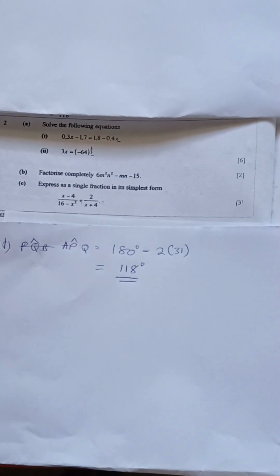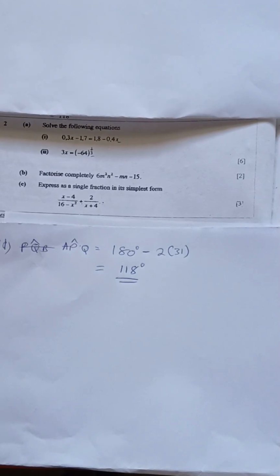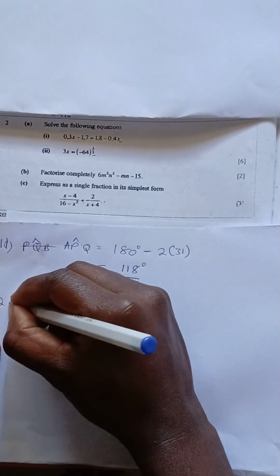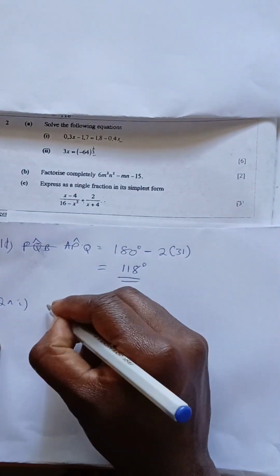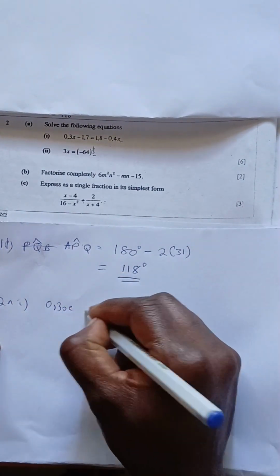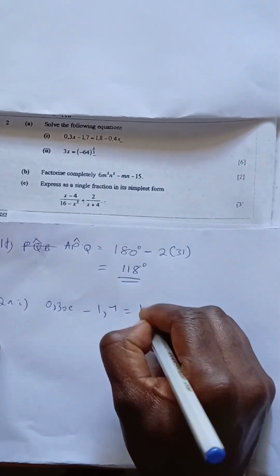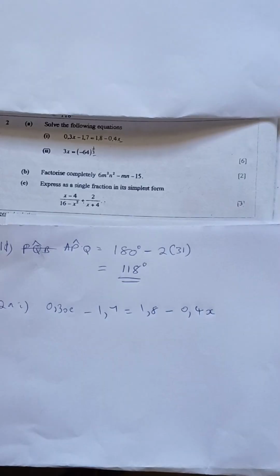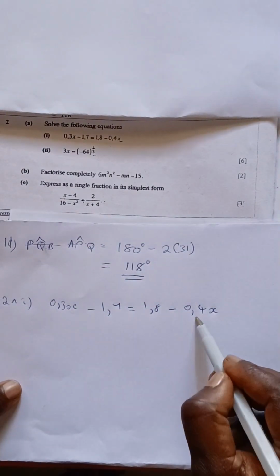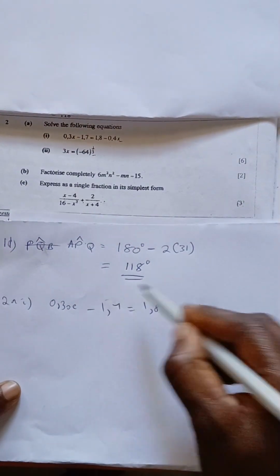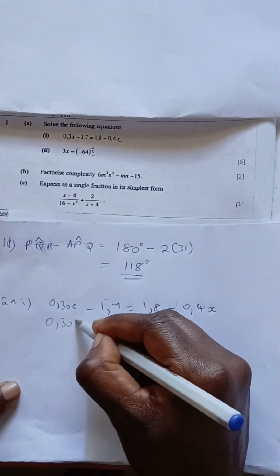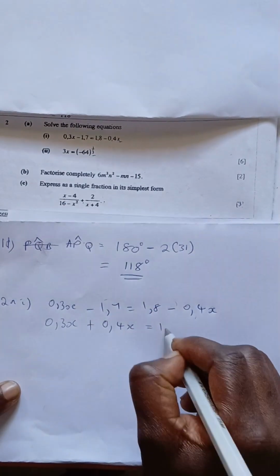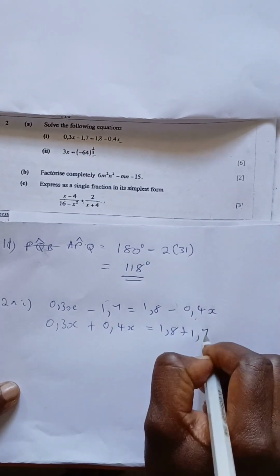So we are now on number 2. It says solve the following equations. Item 1 says 0,3x minus 1,7 is equal to 1,8 minus 0,4x, right? So we can collect this one to this side and this one to this side. So we have 0,3x plus 0,4x is equal to 1,8 plus 1,7.